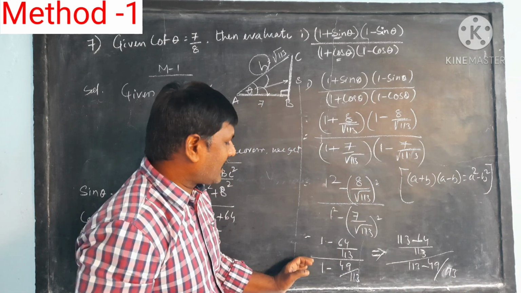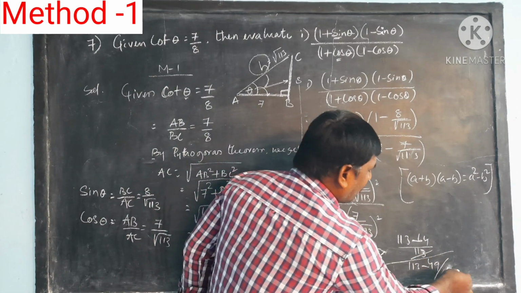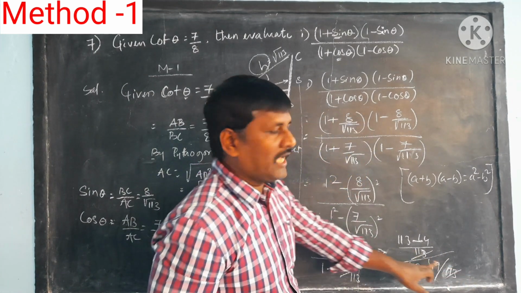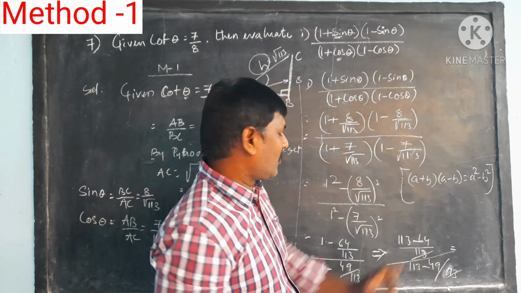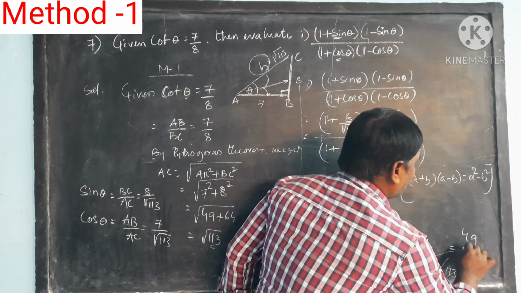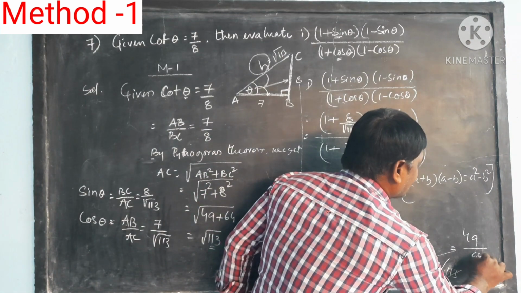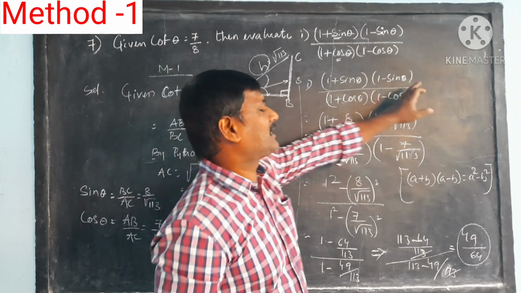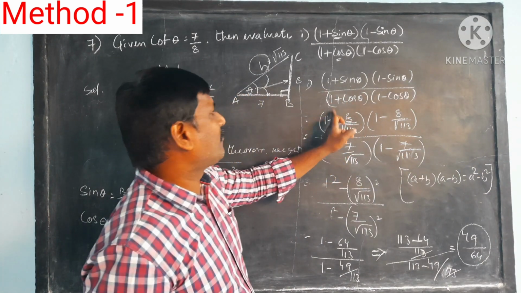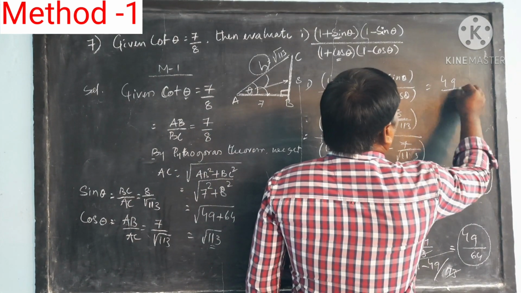Now you can cancel both the denominators, 113 and 113. Then 113 minus 64 is 49, and 113 minus 49 is 64. Therefore, the answer is 49 by 64.